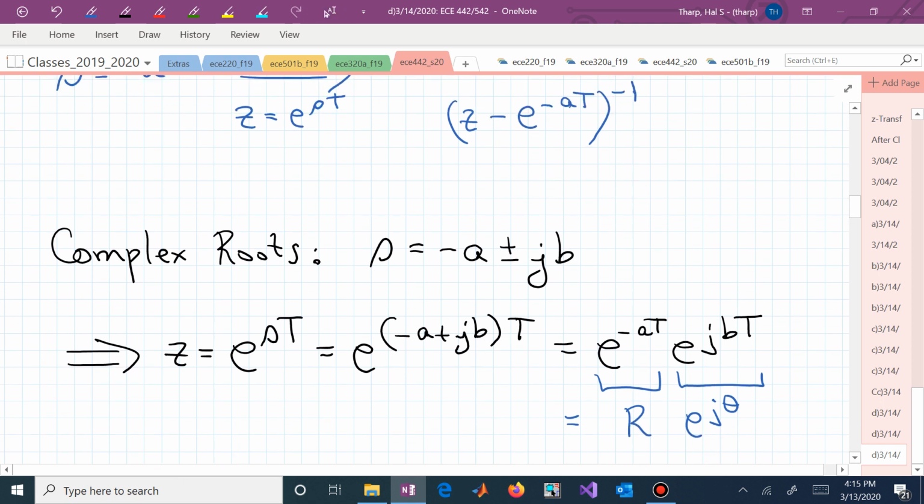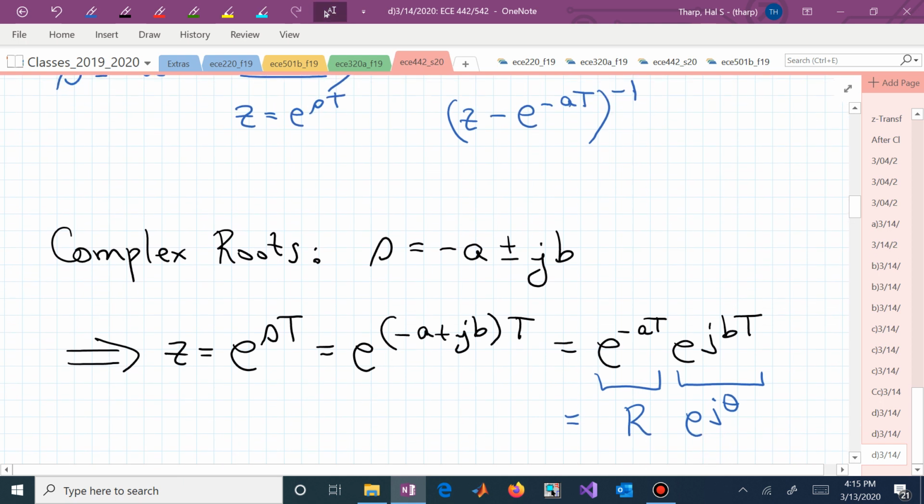Again, using this equivalence between s and z for our mapping, z is equal to e to the sT. We replace s with minus a plus jb and separate it into two factors, as can be done for exponentials. We now have e to the minus aT times e to the j bT.